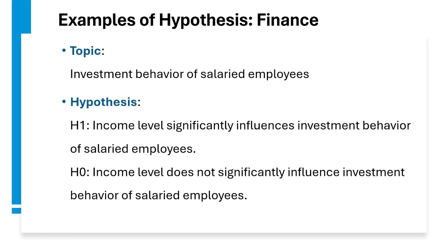So we'll frame the hypothesis. Alternative hypothesis will be: income level significantly influences investment behavior of salaried employees. Now, null hypothesis, which generally mentions there is no relationship. So our statement will be: income level does not significantly influence investment behavior of salaried employees.